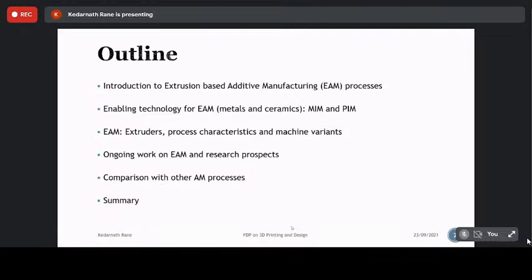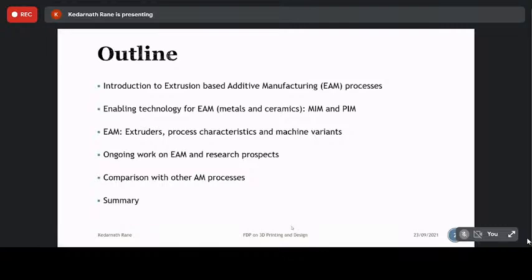In the latter part of the presentation, I will talk about my work related to extrusion-based additive manufacturing and current ongoing work related to this technology, because you know that additive manufacturing is still evolving and there is a lot to do and it is happening very quickly, right? So we can see if there is any opportunity for you all engineers and professors to work in this domain.